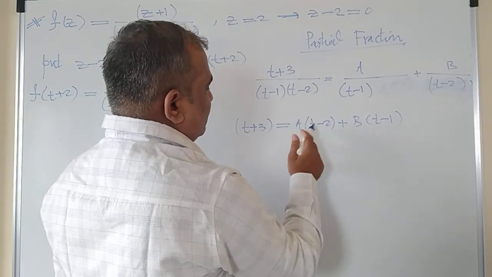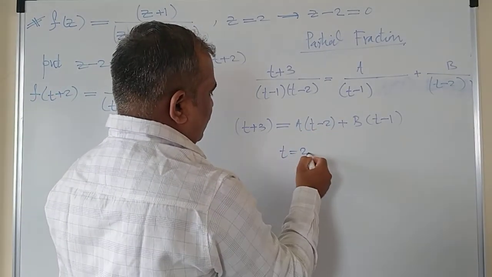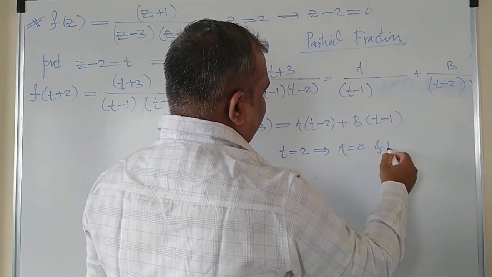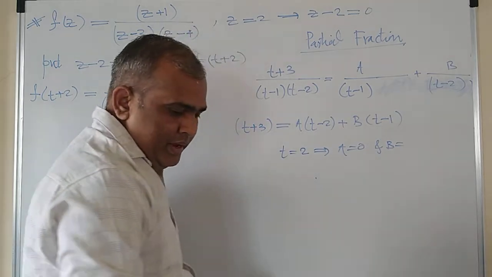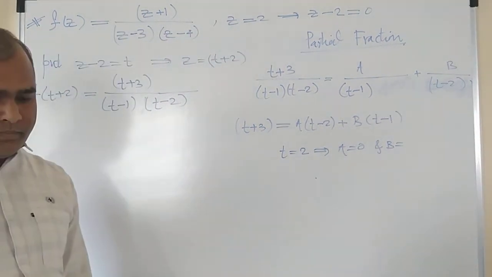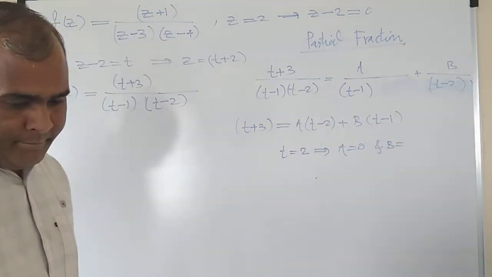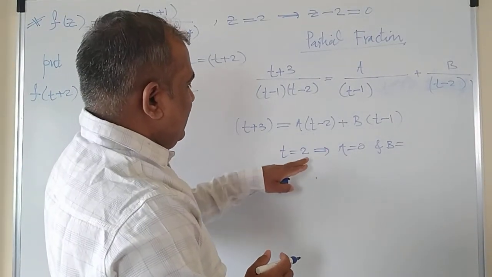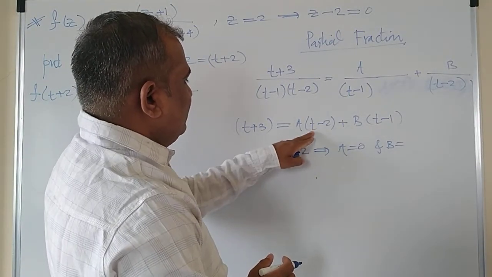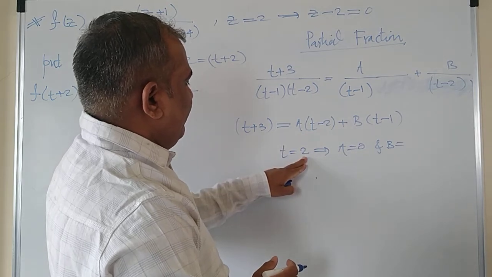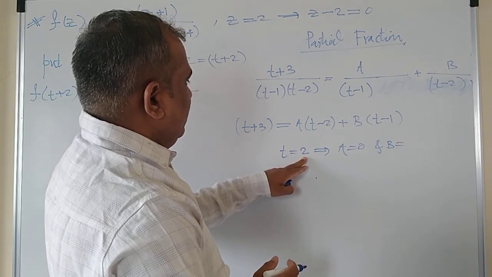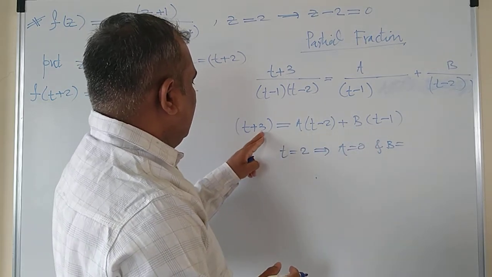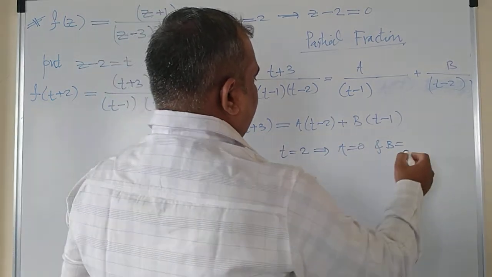And therefore I can say for t is equal to 2, your A is equal to 0 and your B is equal to how much? For t is equal to 2, this goes to 0, and for this t is equal to 2, this becomes 2 minus 1, that means 1. So B is equal to 2 plus 3, 5.